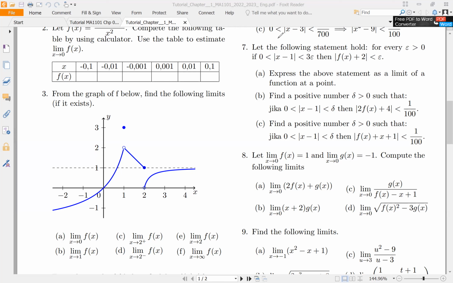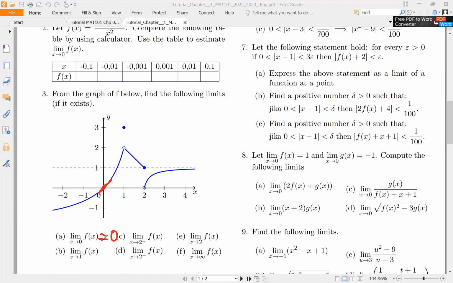Consider this part, and you'll see that as x approaches 0, f(x) approaches 0 from the graph. Here it is quite easy because the function is continuous at 0. If this is the case, then the value of the limit will be the value of the function itself.